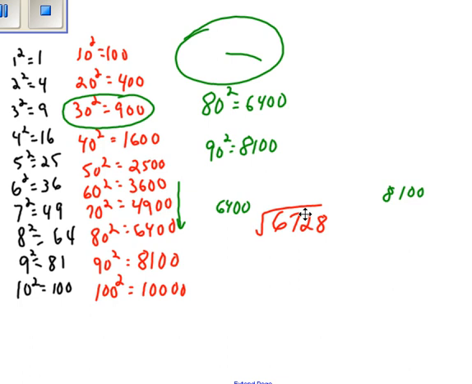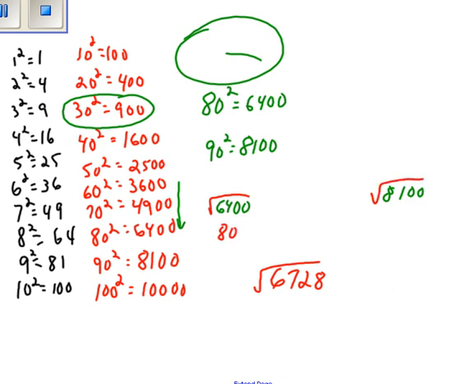So the square root of this is 80, and the square root of this is 90. So this square root will fit in somewhere in between, pretty close to here. My guess is that the number is in the very low 80s.